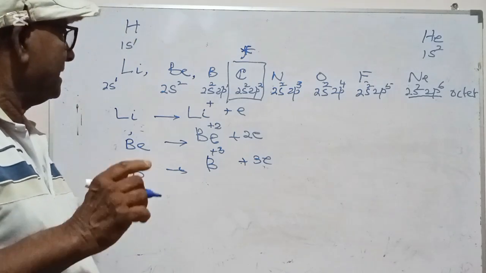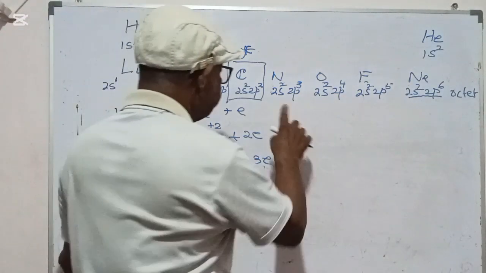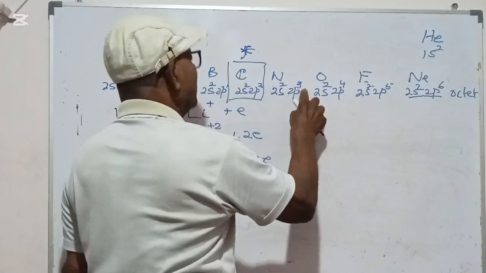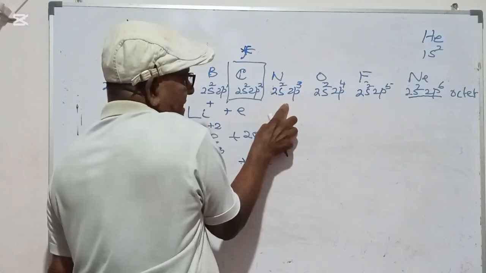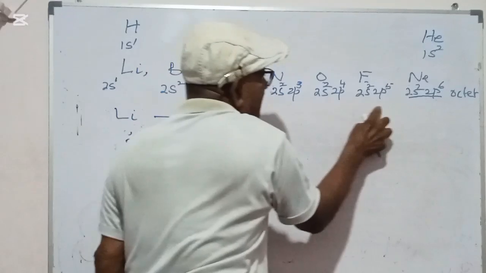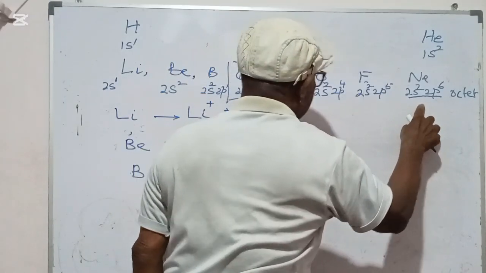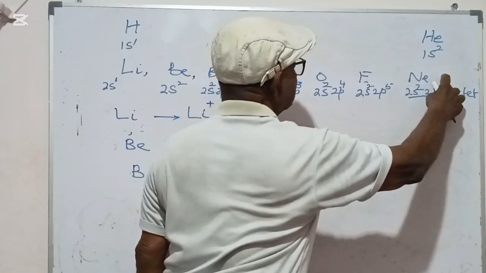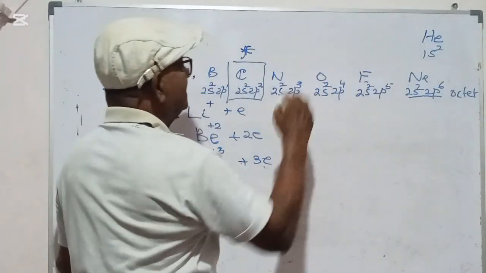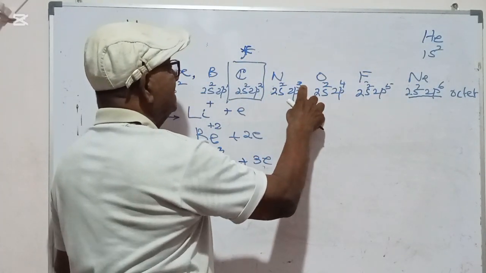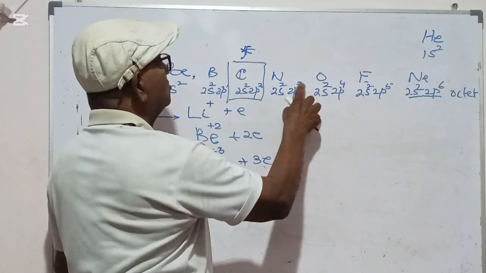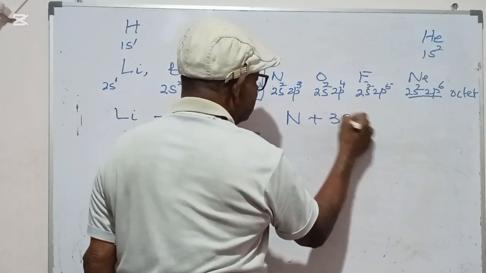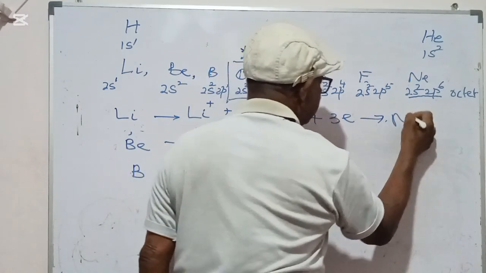Right? Then consider nitrogen. It would have to remove 5 electrons, but here it is closest to neon, so it tries to gain the neon configuration. So it gains 3 electrons, becoming 2s2, 2p6. Nitrogen plus 3 electrons gives N3-.